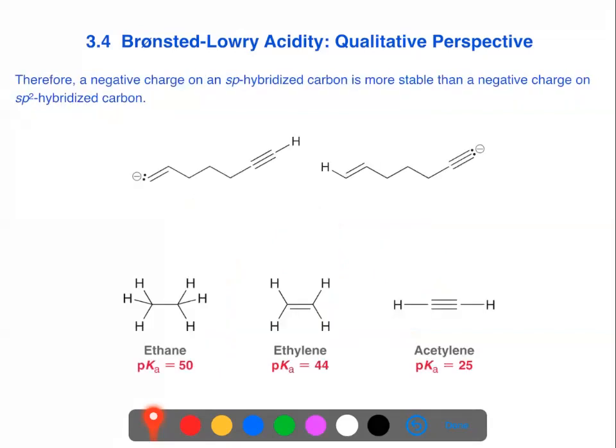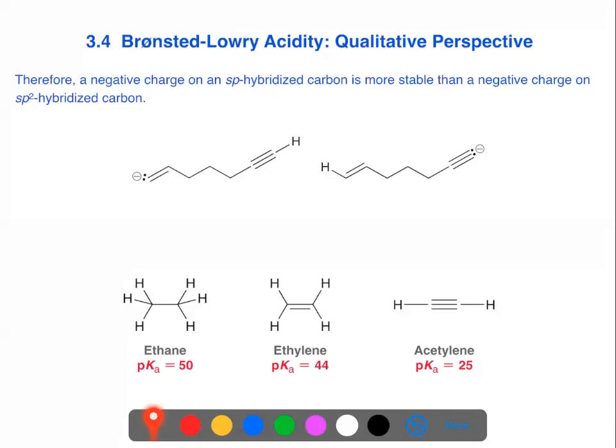So as a result, we would expect that the acidity of the alkyne end of this molecule will be higher, because the additional electron on carbon in an sp hybridized state is going to be more stable than an electron on carbon that has an sp2 hybridized state.